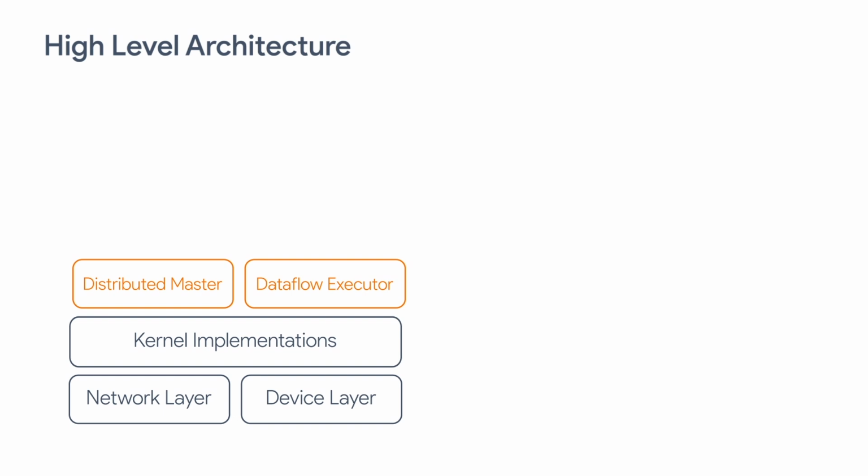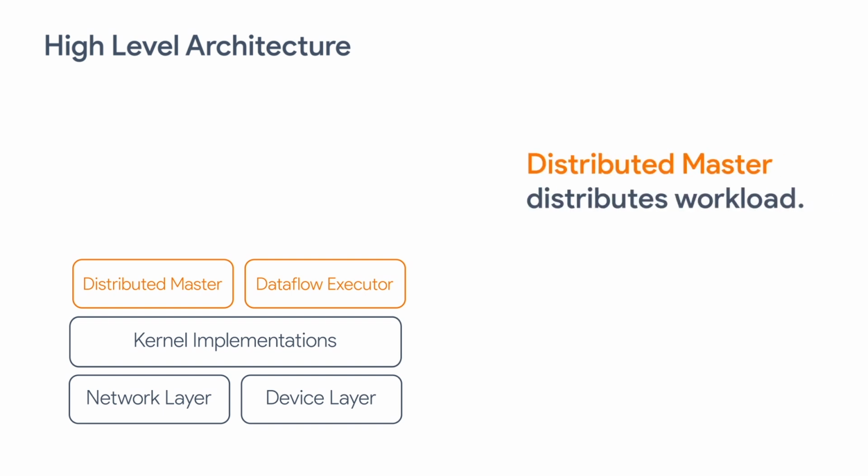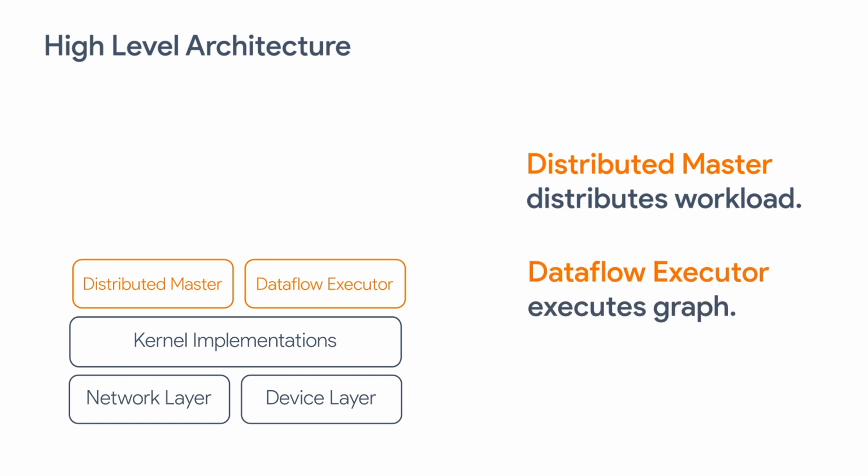The second layer of TensorFlow contains kernel implementations for the most used operations in machine learning. The third layer contains the distributed master and data flow executor. The distributed master has the responsibility to distribute the workload to different devices, whereas the data flow executor optimally executes the data flow graph.